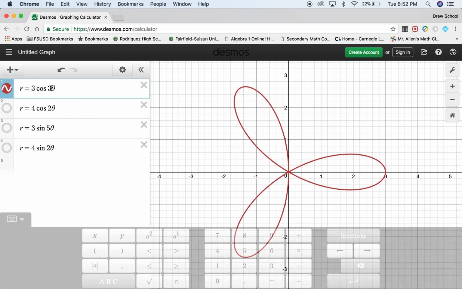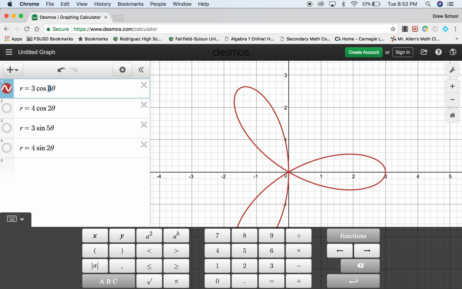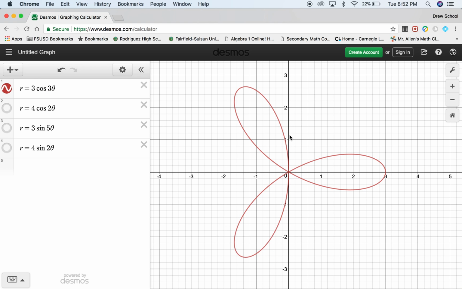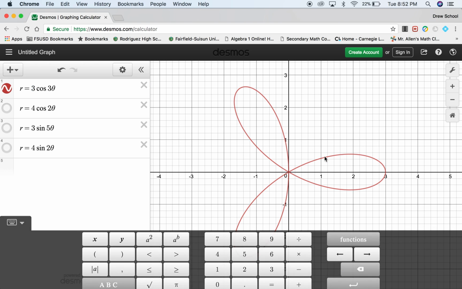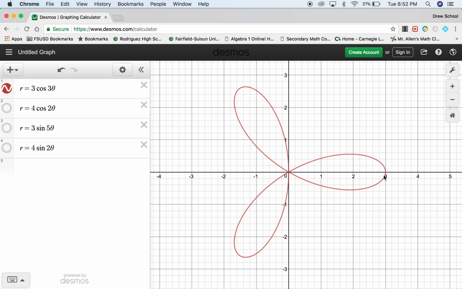So again, it's an odd n, which means it's symmetrical over either the x or the y. Since it's cosine, it's symmetrical over the x. Since n is odd, we have the same number of petals as n, so we have 1, 2, 3 petals. And our a value is 3, which means the length of the petals is 3.